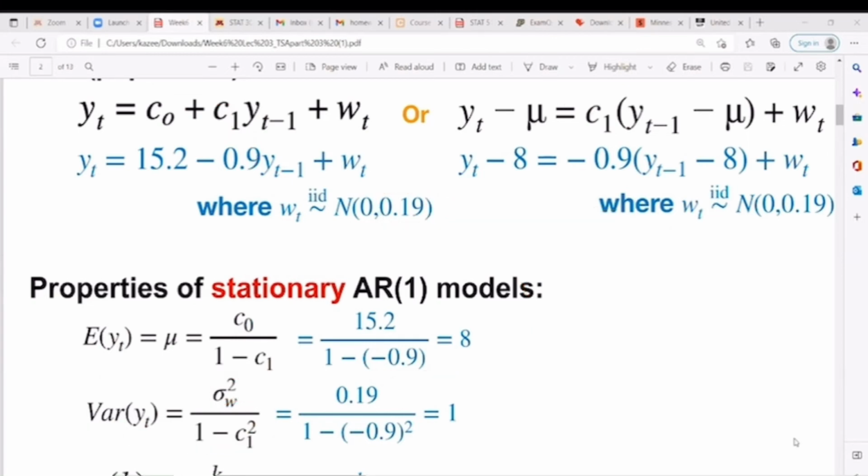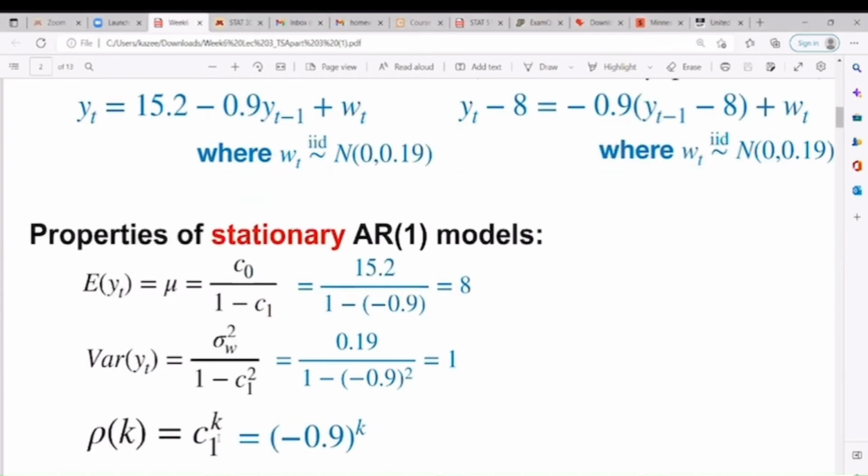And of course, I also talked about the autocorrelation function. For an autoregressive model of order 1, the autocorrelation function at lag k, I think I derived it for you the other time, is C1 raised to power k.